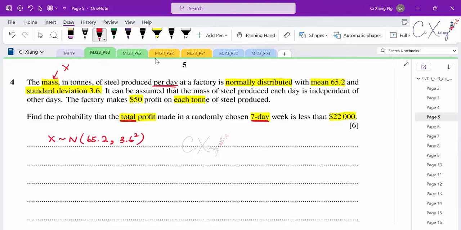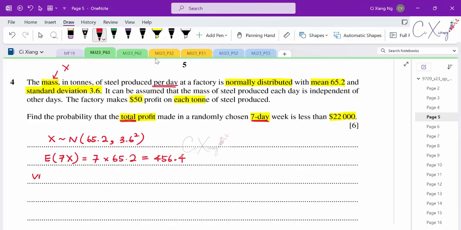Take note, this is in 1 day. So if you want to write it out, it should be the expected value of the total, which means x1 plus x2 plus x3 until x7. So basically the formula will be 7 multiplied by the mean of the original X, which is 65.2, and then you get the value 456.4.